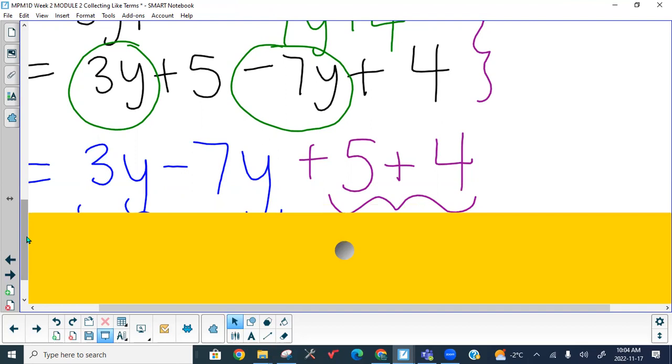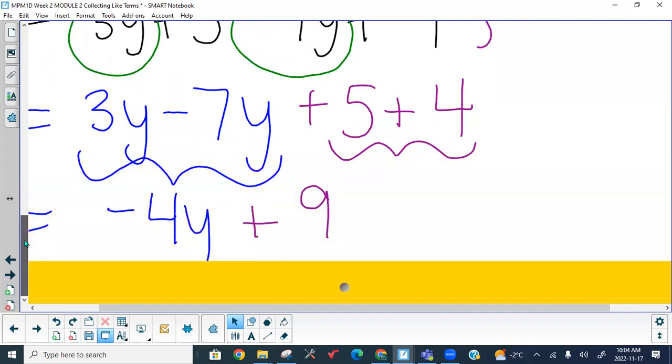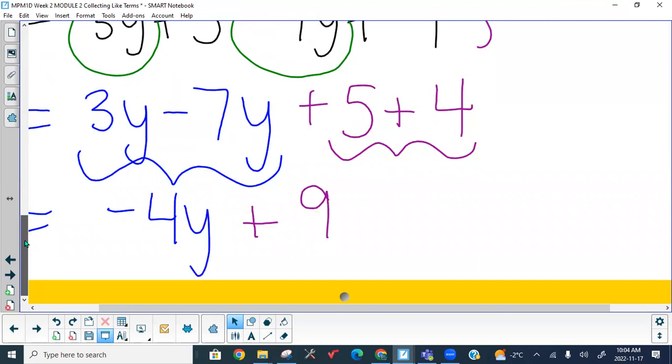Just move things around and look at combining the like terms. So 3y minus 7y. Can anyone tell me what that combines to? What's positive 3 minus 7? Thank you. Negative 4y. And positive 5 plus 4 gives me positive 9 as my final answer.